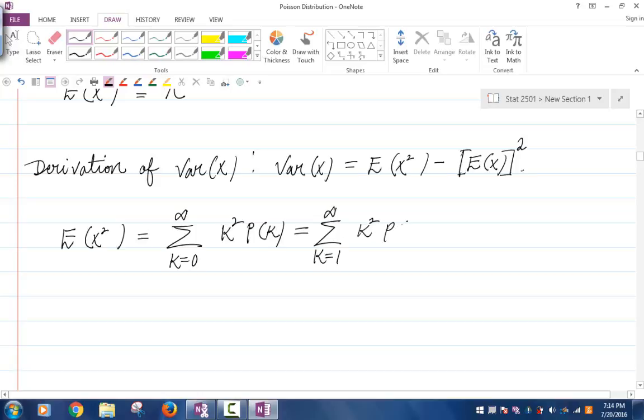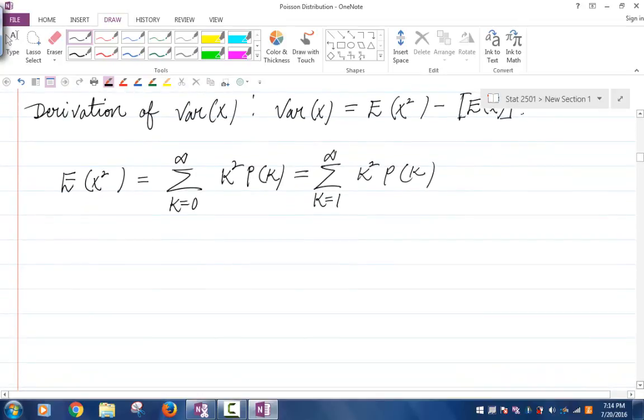Now we plug in what p of k is: the summation k going from 1 to infinity, k squared, times e to the minus lambda, lambda to the k over k factorial.